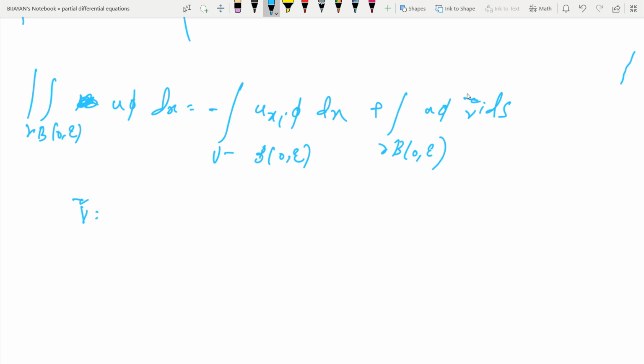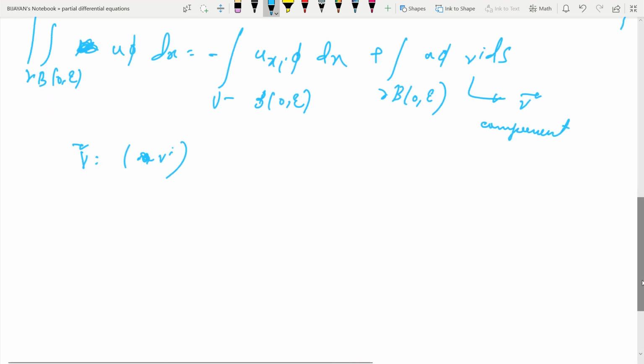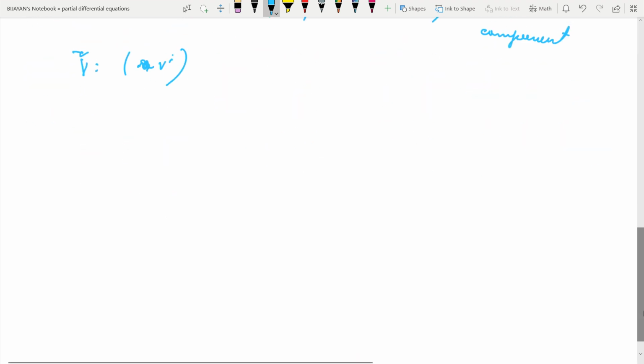This nu is a vector, and nu^i is a component of this vector.